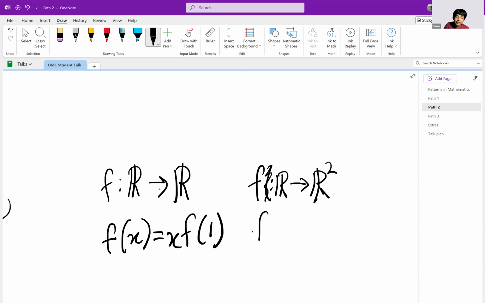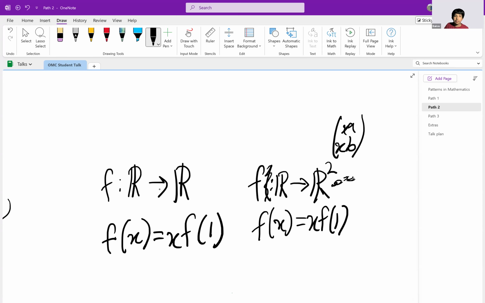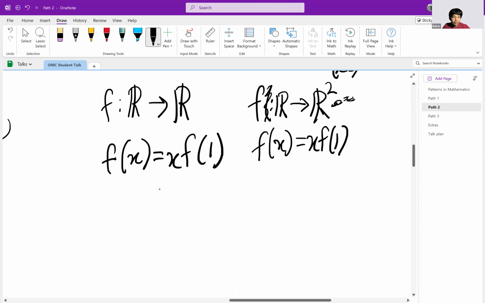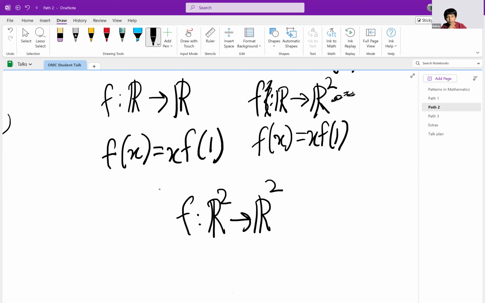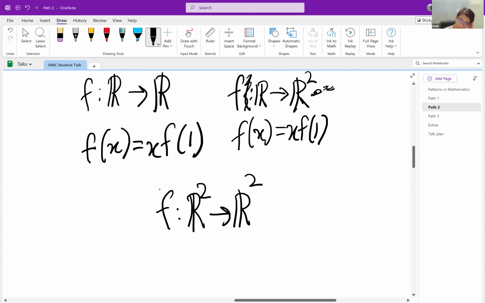So here again we have the same thing, only the output is a vector. So we just get xa, xb. It's the same thing. So what if we get a larger example? If we take from the plane to the plane, isn't the square of all the real numbers just the real number set again?